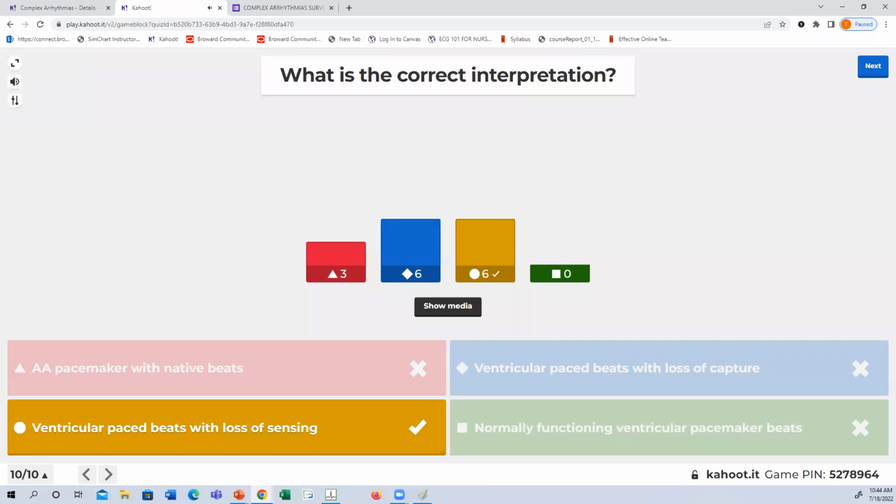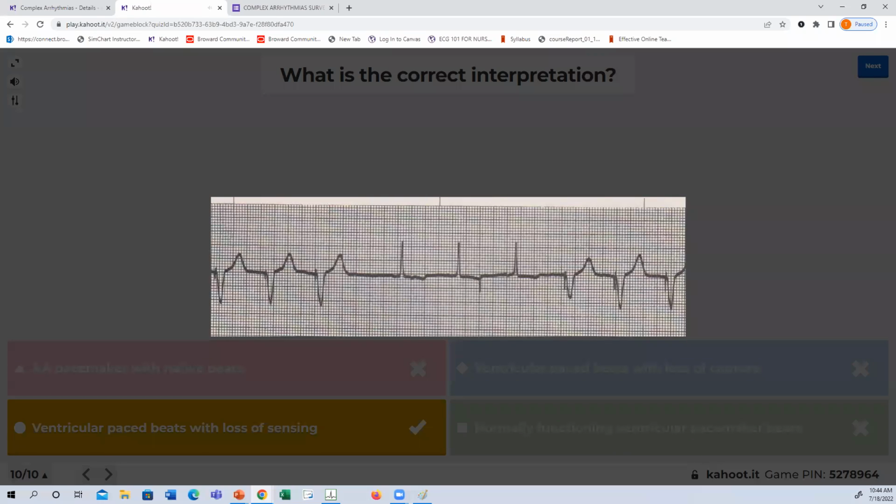Okay, so the correct answer is that this is a ventricular pacemaker with loss of sensing. Let's discuss why this is a ventricular pacemaker and why there is loss of sensing. So first, we're going to look at the spikes right over here and the spikes right over here causing a QRS. So therefore, this is a ventricular pacemaker. Then we take a look at the other beats. This is a natural beat, or an inherent beat. And there is a pacemaker spike right over here.